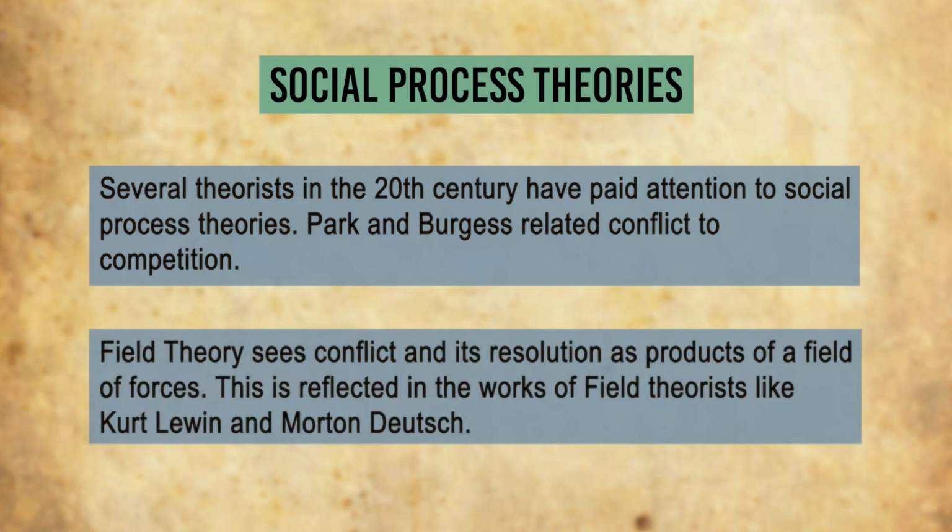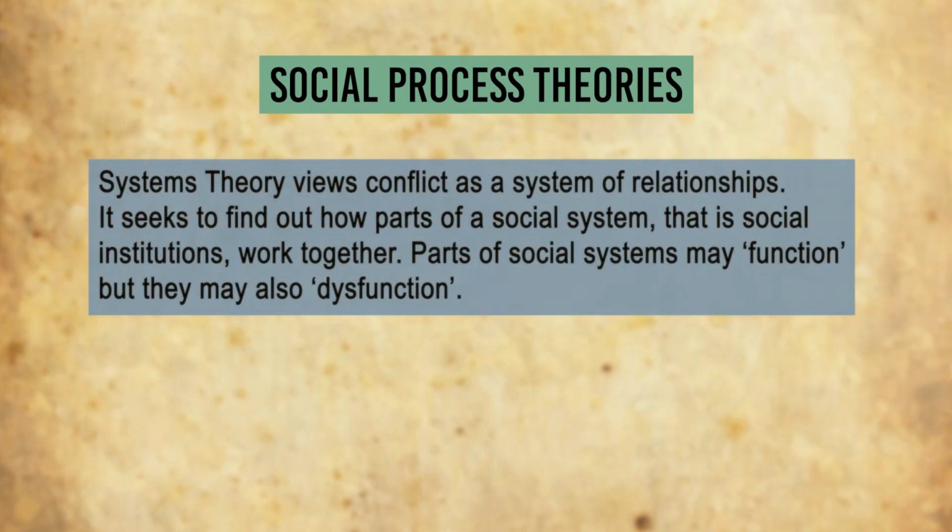Next, field theory sees conflict and its resolution as products of a field of forces. This is reflected in the works of field theorists like Lewin or Dewey. Systems theory views conflict as a system of relationships.